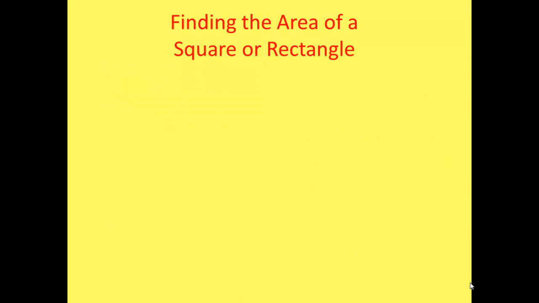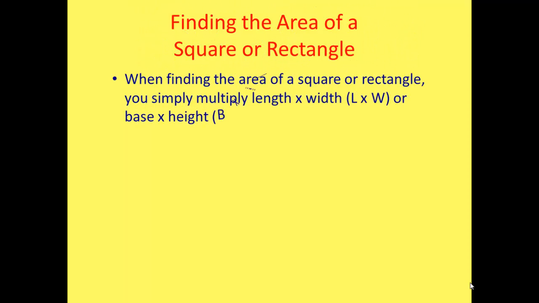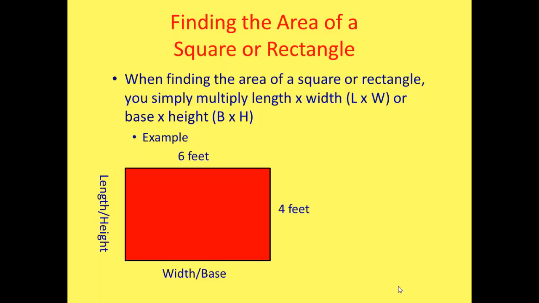Now, let's find the area of a square or rectangle, but this time we're going to use one of the formulas that we already talked about. Remember, to find the area of a square or rectangle, you simply just multiply length times width or base times height. Here's an example.